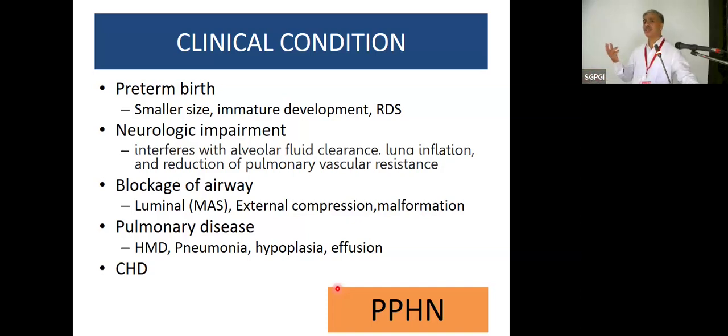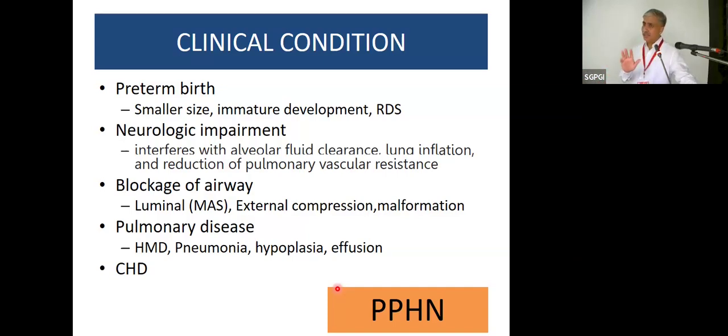Anything which causes blockage of the airway will indirectly lead to an increase in pulmonary vascular resistance. The other is pulmonary disease, which we have already learned, like HMD, or pneumonia, or a hydropic baby with effusion. All these will have increased pulmonary vascular resistance.